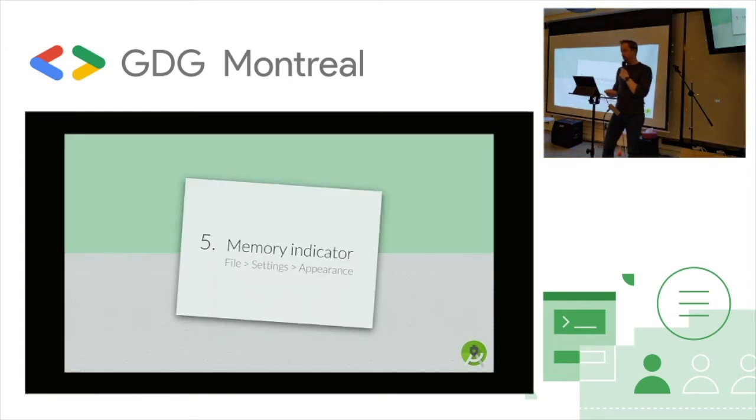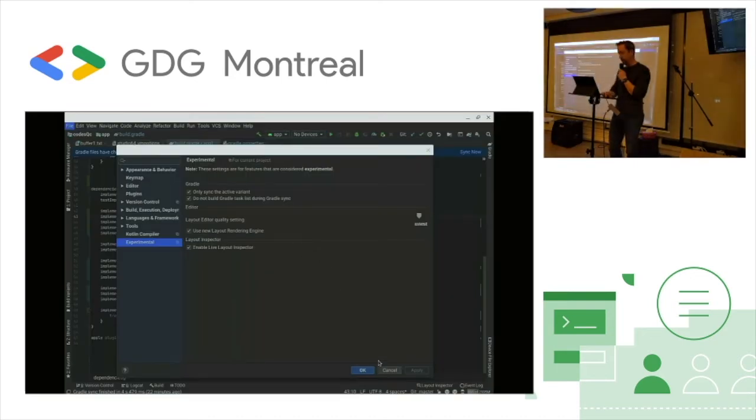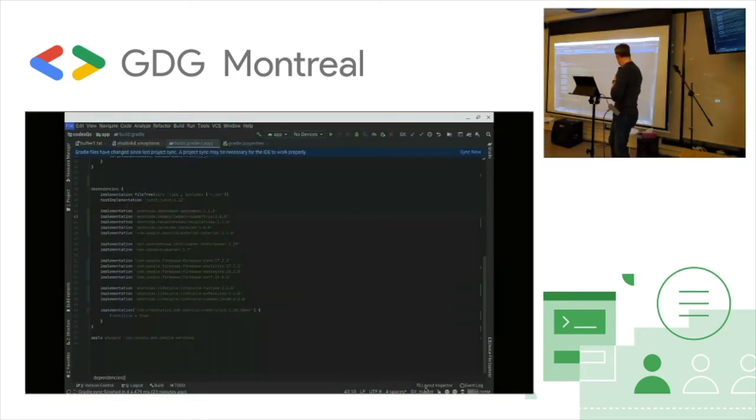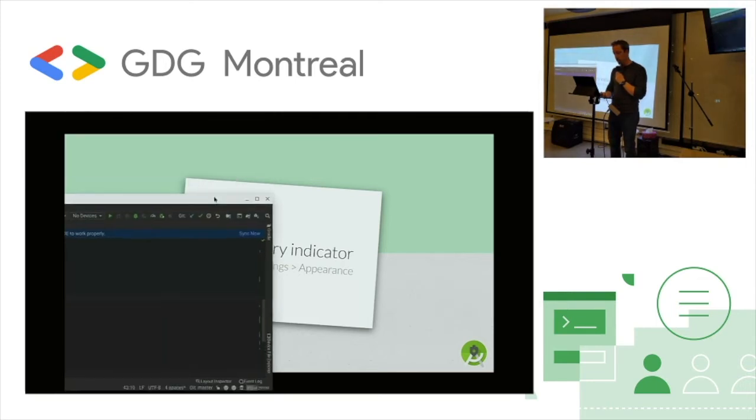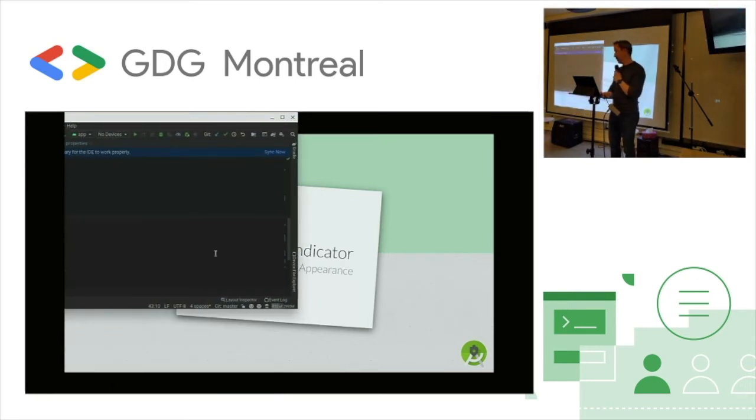The other one that I find really, really nice is the memory indicator. It's not going to make Android Studio faster, but it's going to tell you when it's super slow, maybe a reason why. So basically, I don't know if you can see at the bottom, here, 910 out of, this is the amount of RAM that I gave Android Studio.